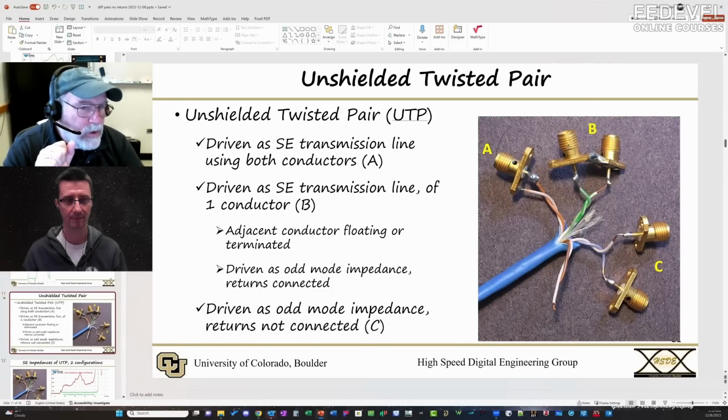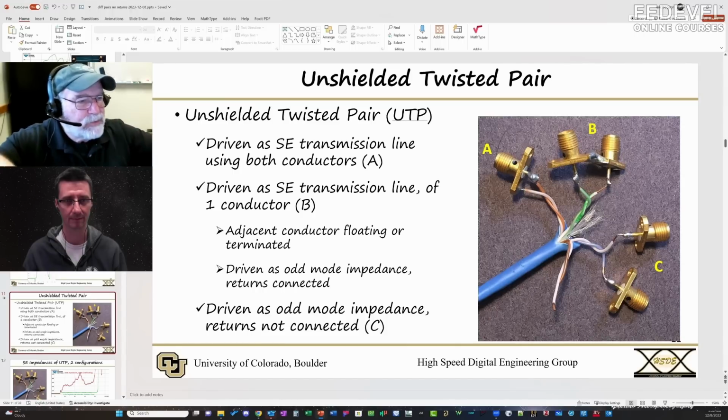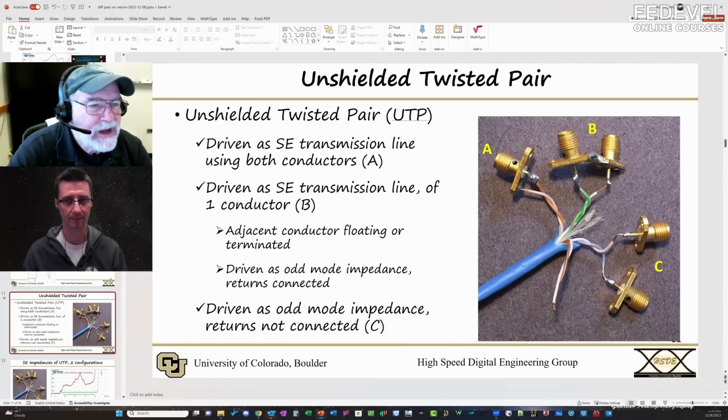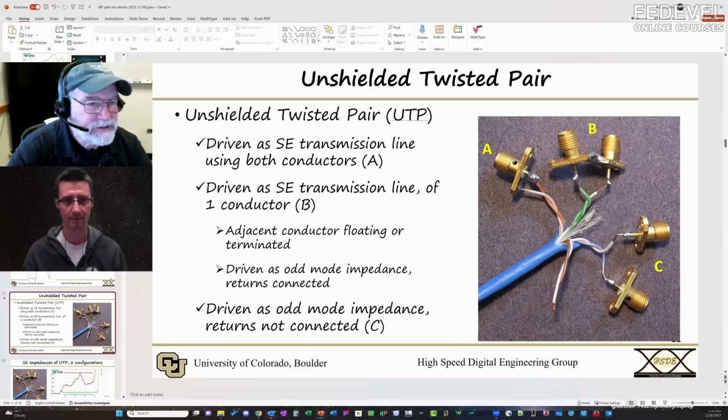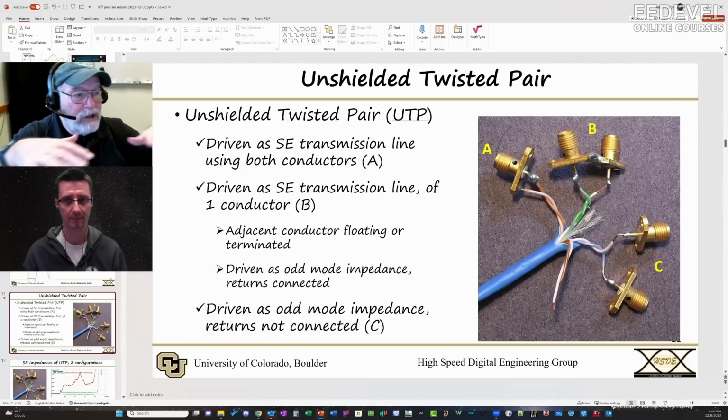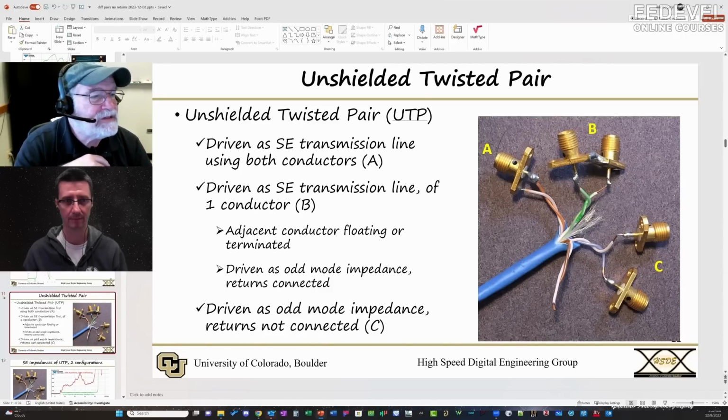But now, when I drive a signal on this pair, this signal goes down, the return is somewhere in the floor, it spreads out in some convoluted place. I send a signal down this line, opposite. One goes 0 to 1, one goes 0 to -1, so it's opposite. The return current for this guy's single-ended signal is going to be all over the place as well, but all over the place in exactly the same way this one is.